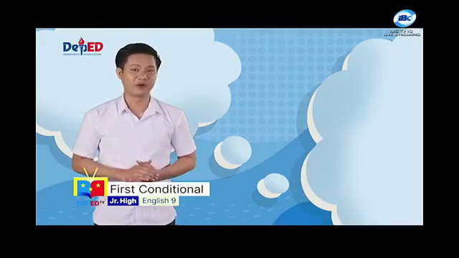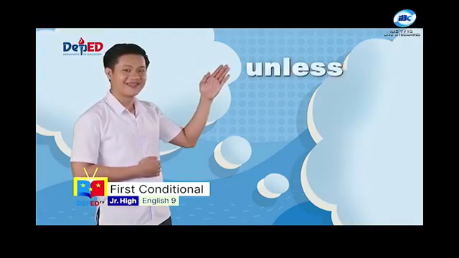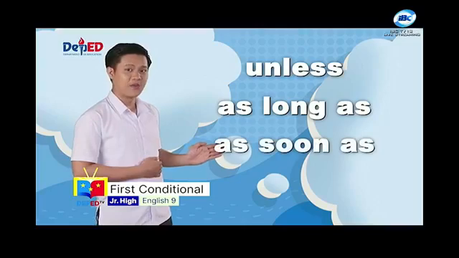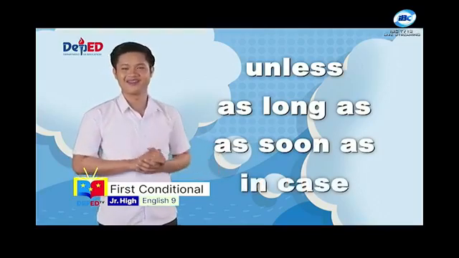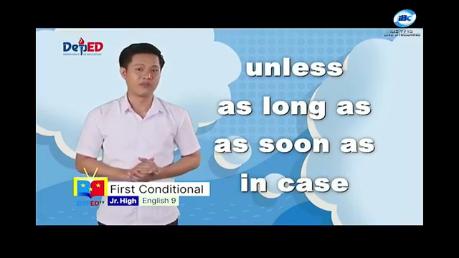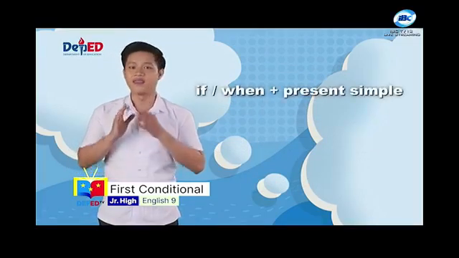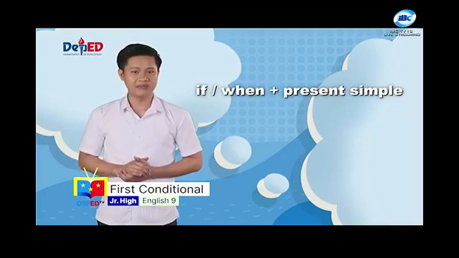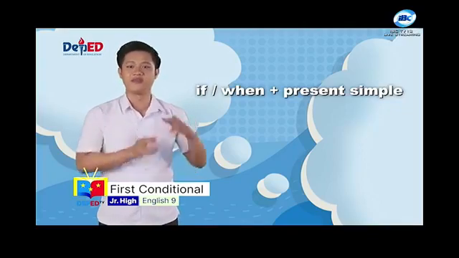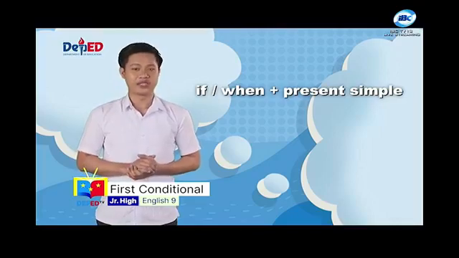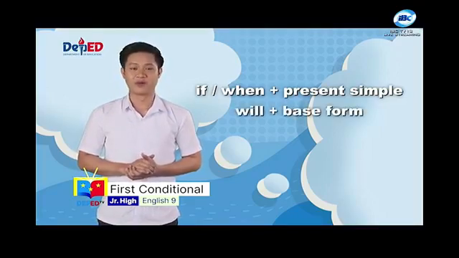This type may be formed using unless, as long as, as soon as, or in case. But the most common form uses this structure. If or when, then we are going to use the present simple in the if clause, and in the result clause, we will use the future tense, which is will plus the base form of the verb.